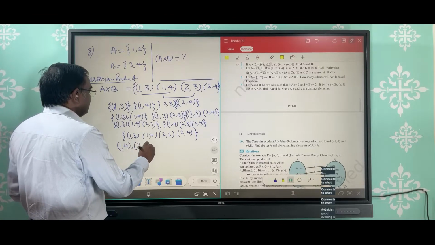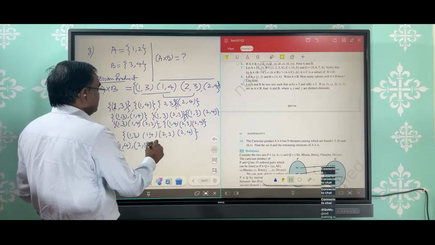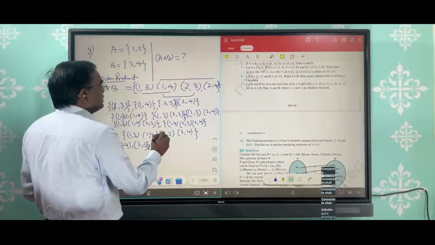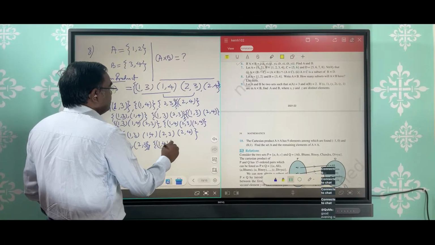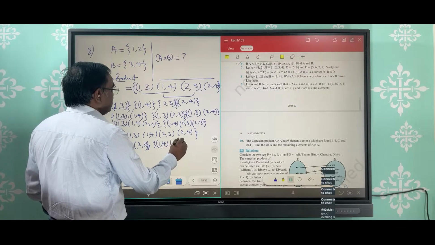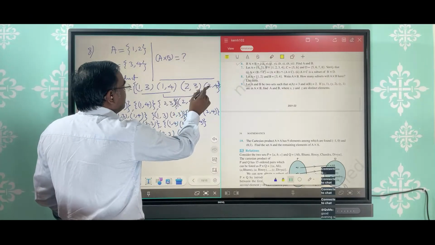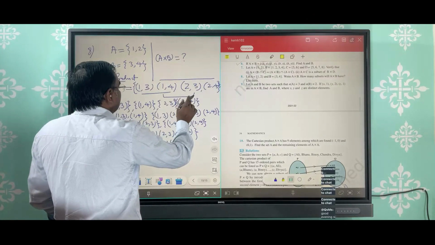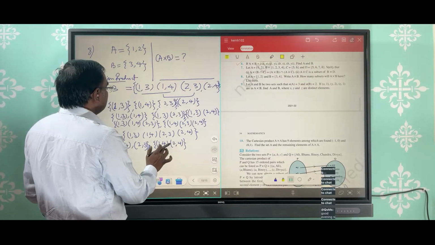This is also a subset, and another subset is (1,4) (2,4). So total subsets are now this much.